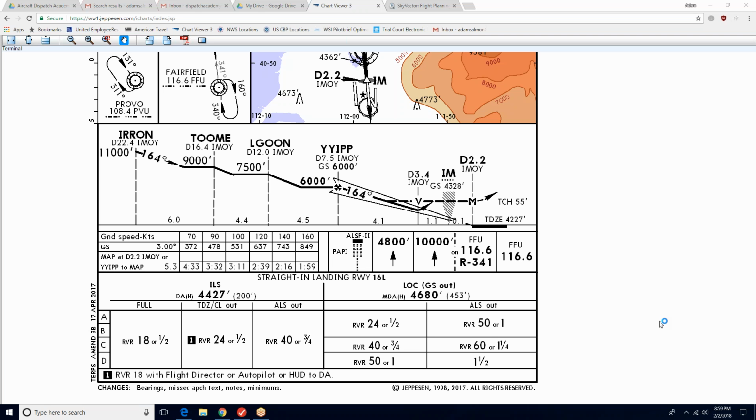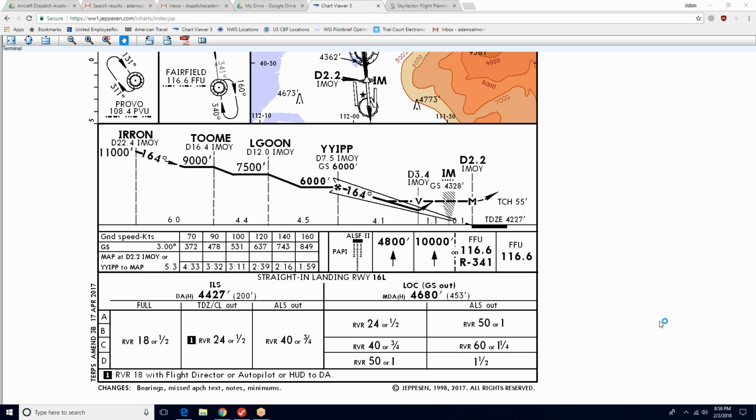Okay, so let's see here. Obviously we just got done looking at a precision approach. Whether you're looking at a non-precision or a precision approach, the chart layout and everything else is pretty similar.